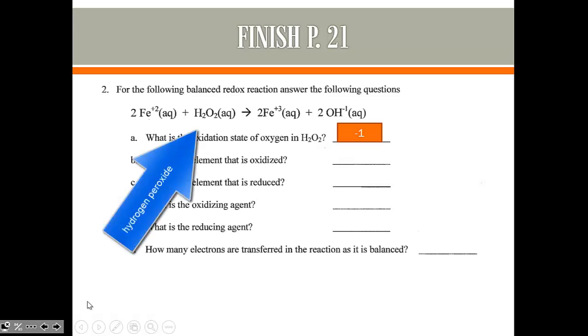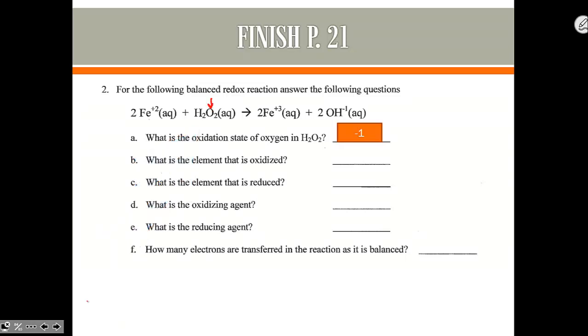Hydrogen peroxide. Peroxide is the only time in which oxygen has a -1 charge. So for the remainder of this course, if at any time you see oxygen or oxide, you would assume it has a -2 charge, such as hydroxide here. Oxygen is a -2, hydrogen is a +1, so collectively they're a 1-.